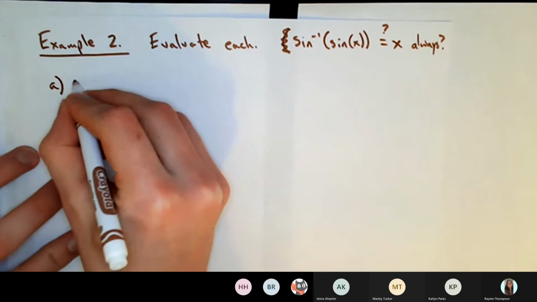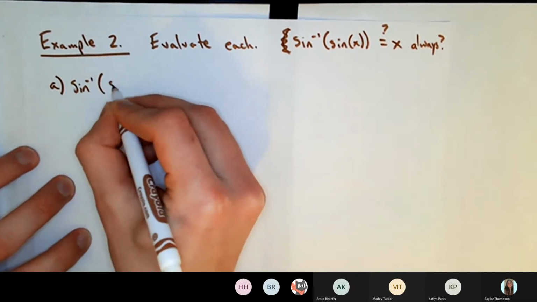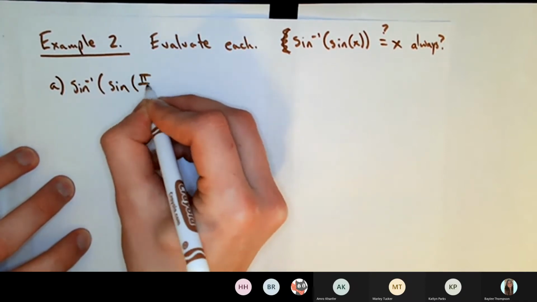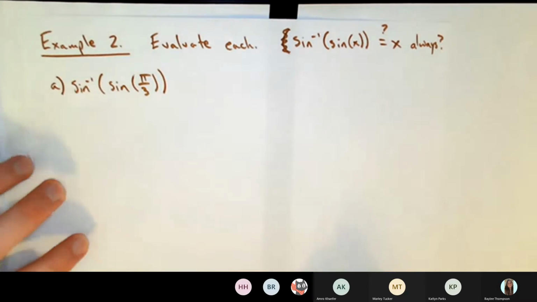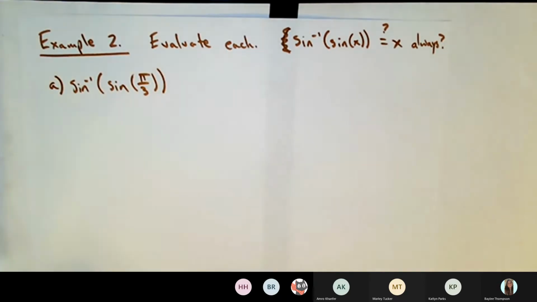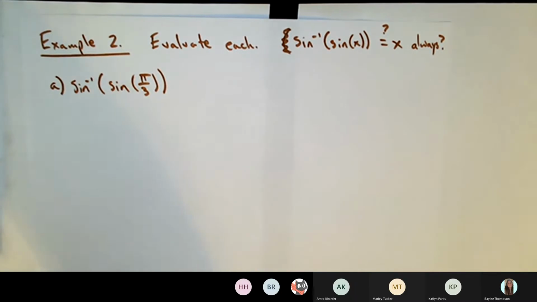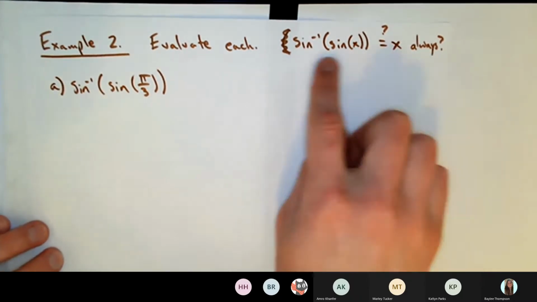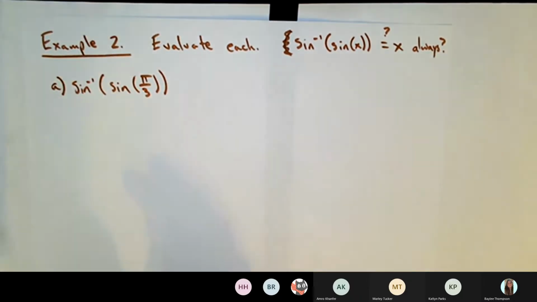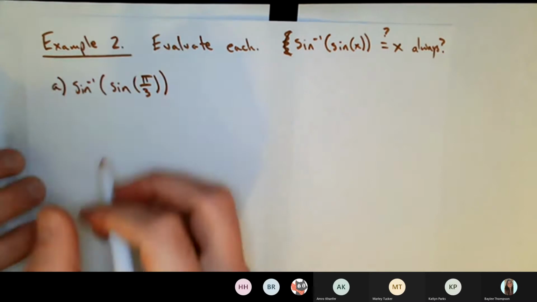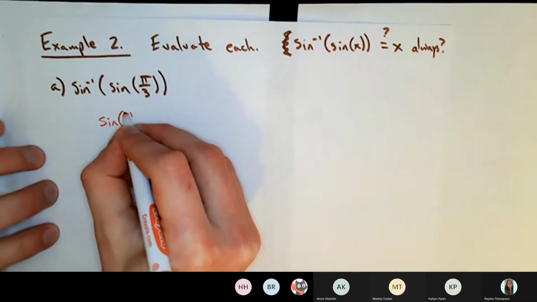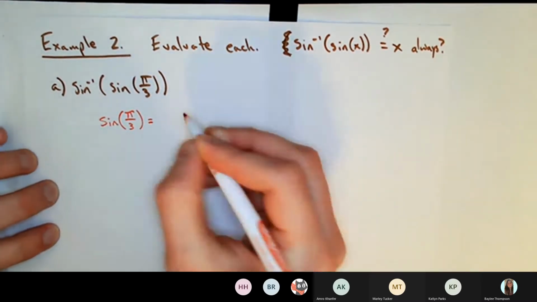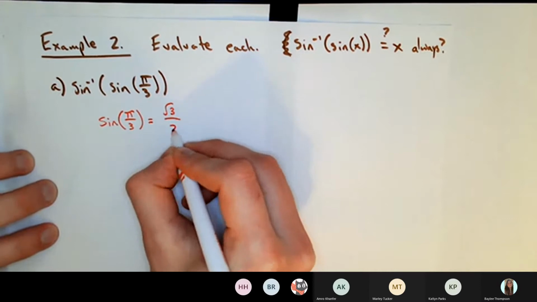All right, so let's say sine inverse of sine of pi on 3. Calculating this from inside out, without taking this rule, because I've already told you it doesn't always work. In this case, it actually will work, but let's see how. Sine of pi on 3 is going to be square root of 3 over 2, right?